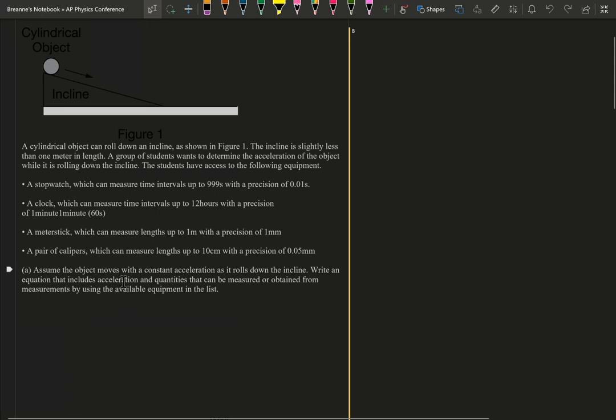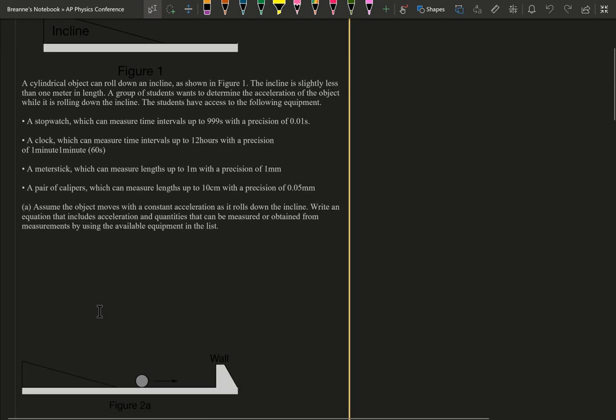Assume that the object moves with a constant acceleration as it rolls down the incline. Write an equation that includes acceleration and quantities that can be measured or obtained from measurements by using available equipment in the list.